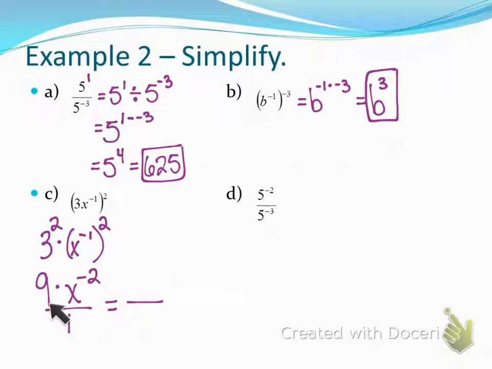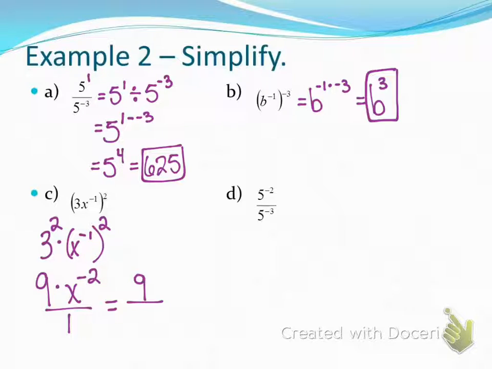Do you think the 9 should stay where it is or go to the other side? Why should the 9 stay? The 9 is positive, and more importantly, what does it not have? A negative exponent. If I wanted to put an exponent on the number 9, what would it be? It would be a positive 1. Okay, so the 9 already has a positive exponent.